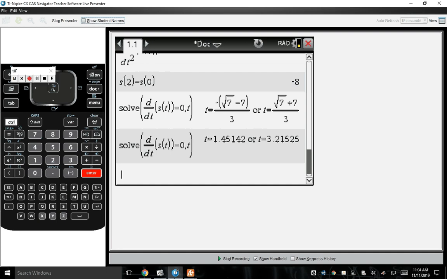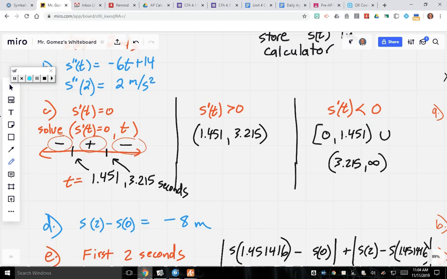Okay, otherwise you'll be too much off of the AP exam. Now, with this being said, I could just press up and press enter, and it will display more decimals. So right now, I would write down on my paper 1.451416 and 3.215250. Those are the numbers that I'm working with per se as I go through these answers.